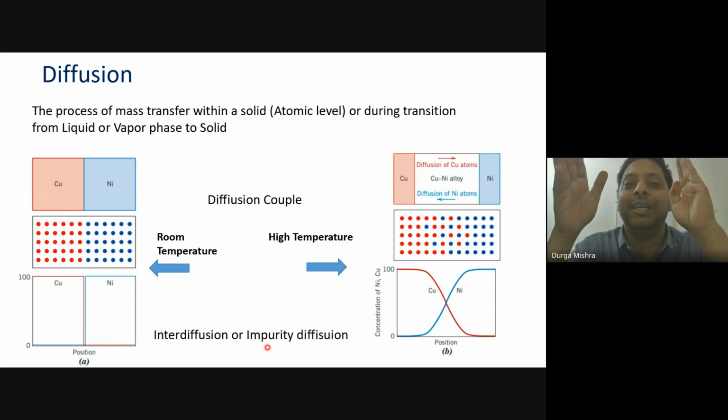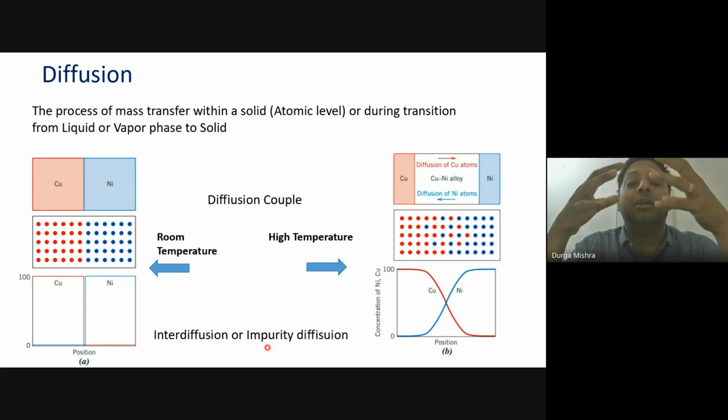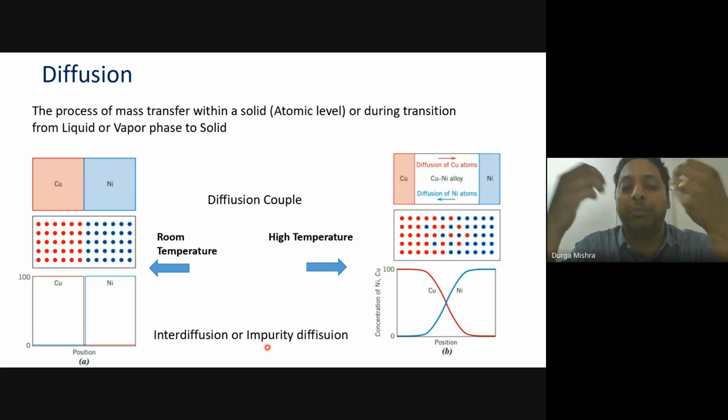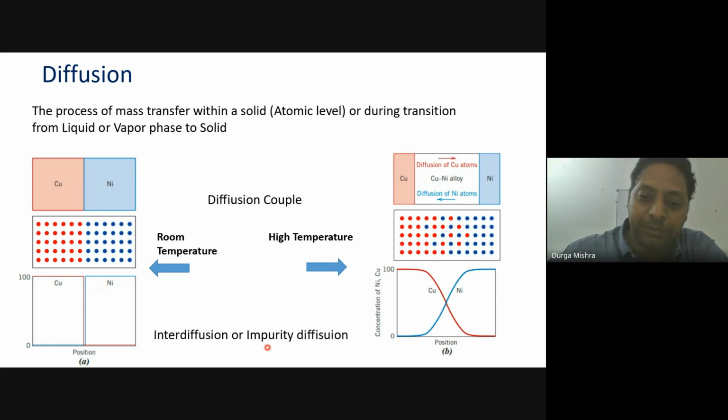Here we have a concentration gradient: copper is maximum on the left side, zero on the right side. That drives the copper to the right hand side so that it reaches equilibrium. Of course you have to give certain energy, so that is a thermal process. This is not going to happen at room temperature, so you have to give thermal energy, that is, temperature.